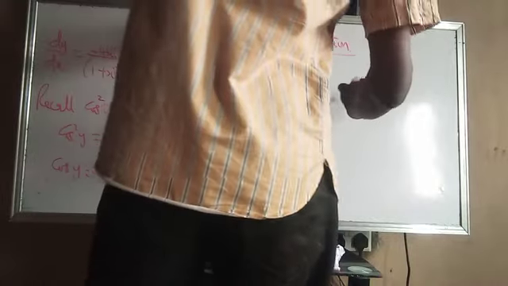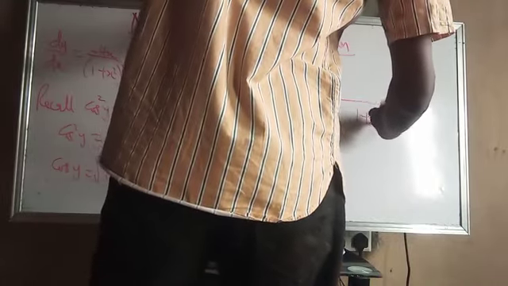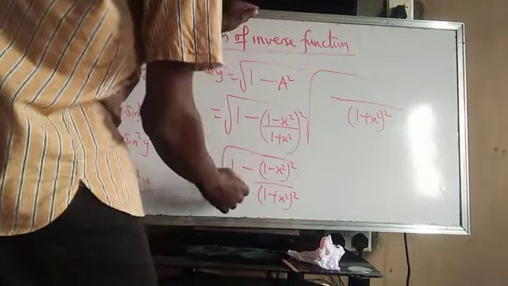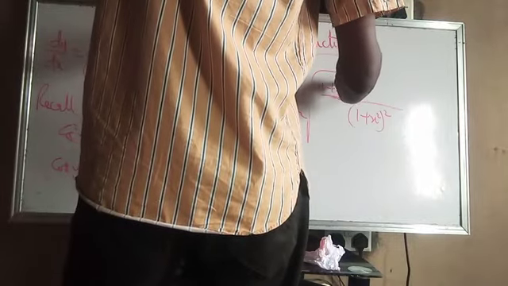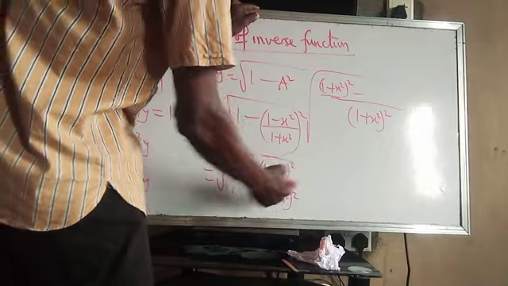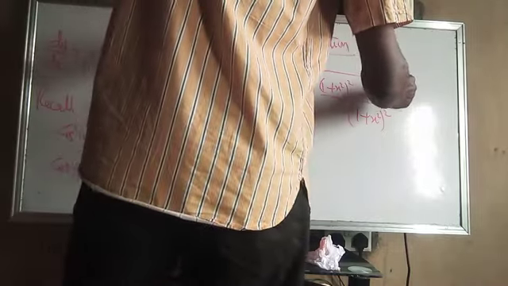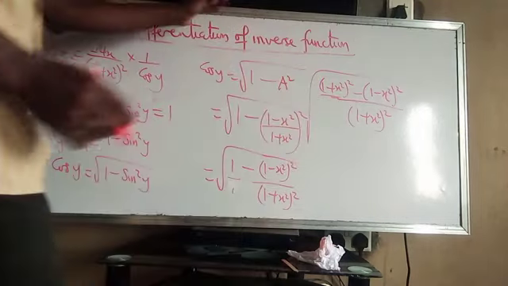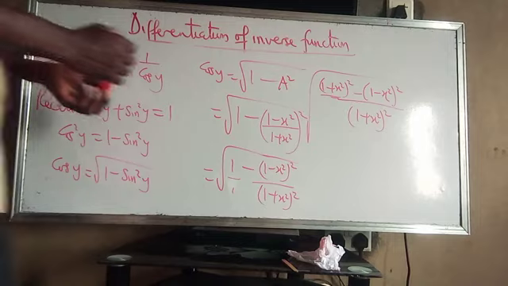The LCM is 1 plus x squared all squared of the one in the square root. All over, this one is like 1 over 1. So you have 1 plus x squared all squared, then minus this one. When this one cancels, it is 1 times all of this, 1 minus x squared. Yes, that's what we are going to get.